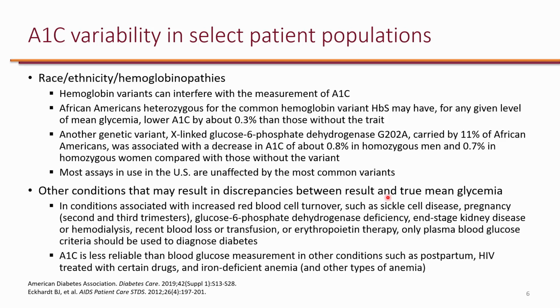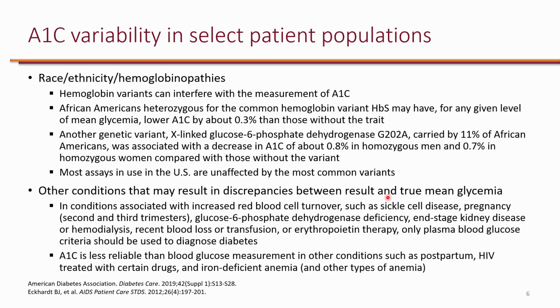There are also other conditions that may result in discrepancies between A1C results and true mean glycemia. And these are typically conditions that are associated with increased red blood cell turnover. For example, patients with sickle cell disease, pregnancy, people with end-stage renal disease, patients who have recent blood loss who required transfusion, or patients who received erythropoietic therapy, as well as patients with HIV treated with certain drugs and patients with anemia.